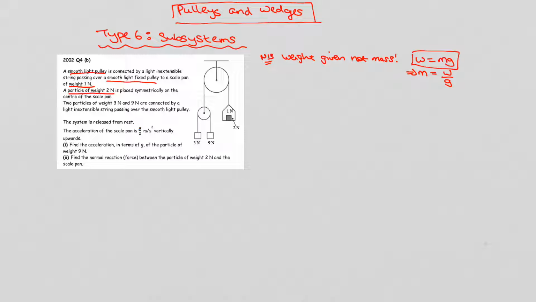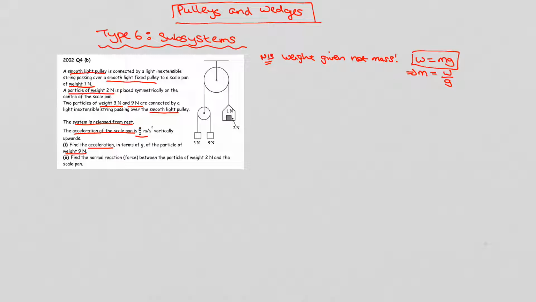And then we have 2 particles of weight 3N and 9N, connected by a light, inextensible string, passing over a smooth light pulley. The system is released from rest. This time, rather than looking for the acceleration of the scale pan, we're given the acceleration of the scale pan, and we want to find the acceleration of the particle of weight 9 newtons.